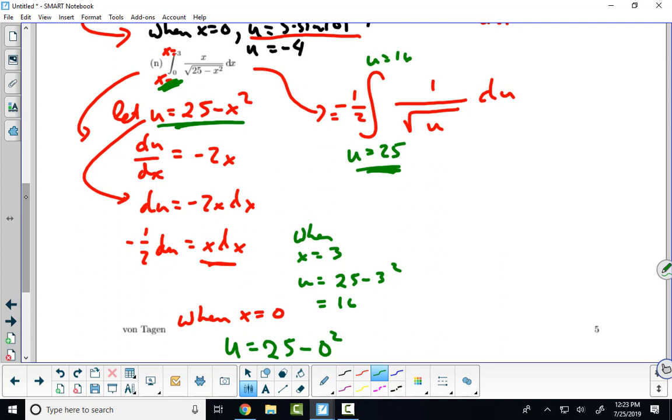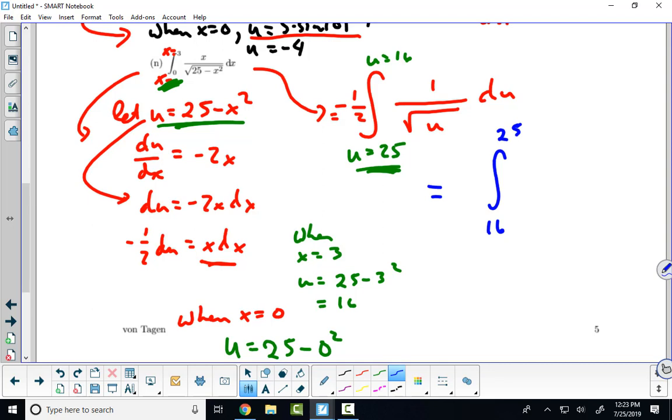Jack asked last time, what happens when the lower limit of integration is above the upper? That's not a problem. We could go ahead and evaluate this as it is, and everything would work out just fine. It's sort of like it doesn't matter which of your 2 points you use first in the slope formula as long as you're consistent. However, we do have a nifty formula that we'll talk about at some point down the road. It says if you want, you can adjust the limits of integration.